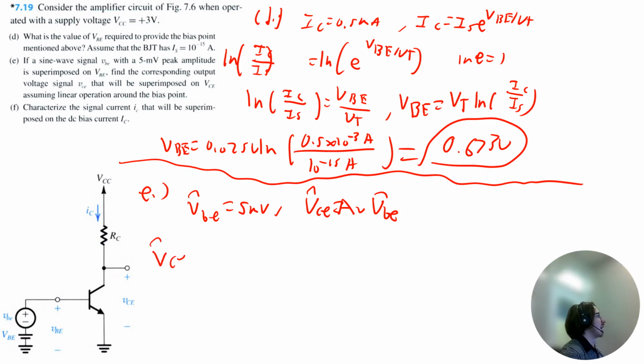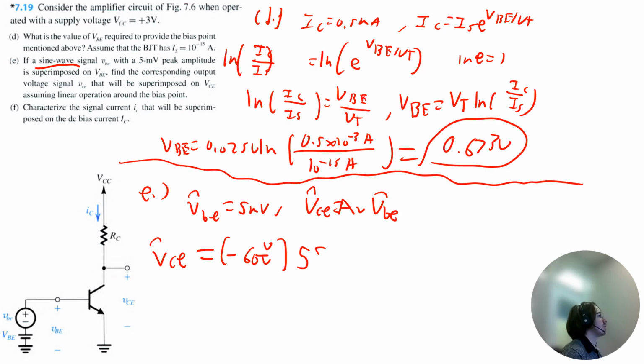So maximum output swing will be negative 60 volt per volt times 5. Now you want to be careful with this. It's going to be 5 times the sine wave.